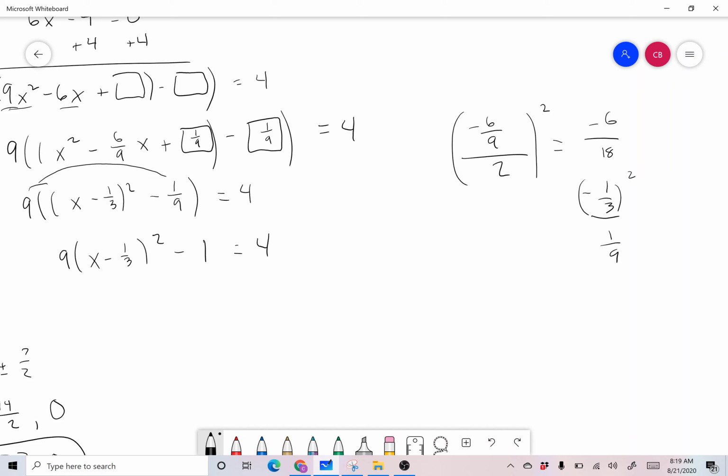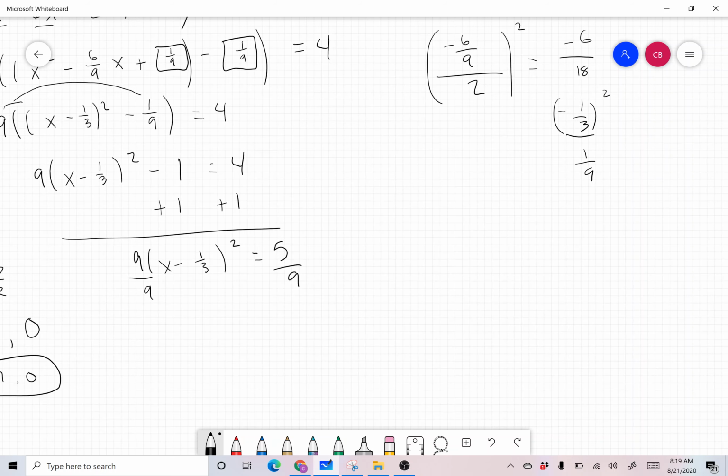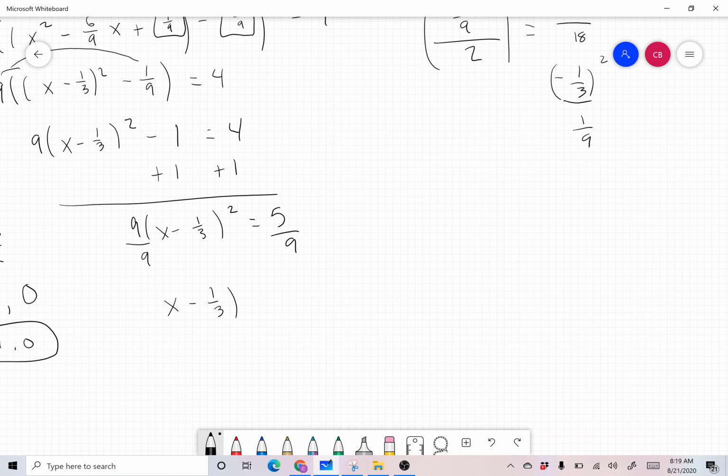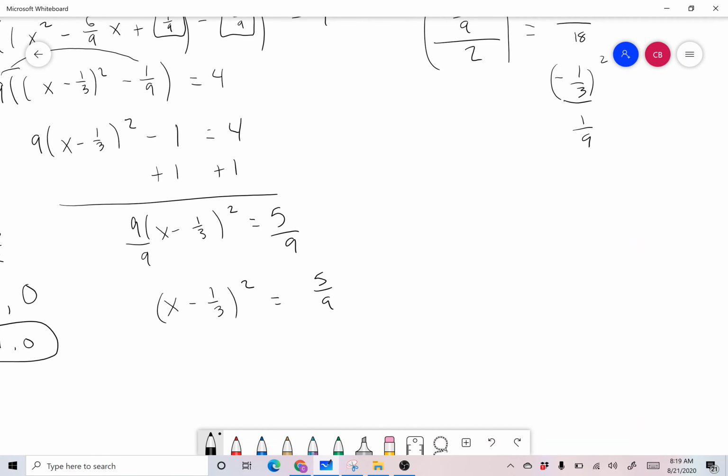We add the 1. 9 times x minus 1/3 squared is equal to 5. Divide by 9, divide by 9. Now we have x minus 1/3 squared is equal to 5/9. We take the square root. x minus 1/3 is equal to plus or minus the square root of 5 over 3.